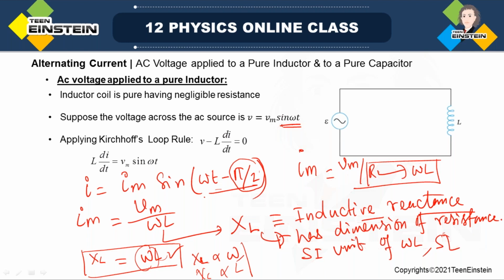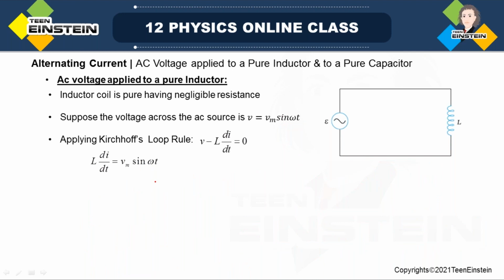Okay, I'll just summarize here what we have learned. If we apply a voltage in a pure inductive circuit, the voltage varying as sin omega t, then we'll be getting a current in the circuit as Im sin omega t minus pi by 2.